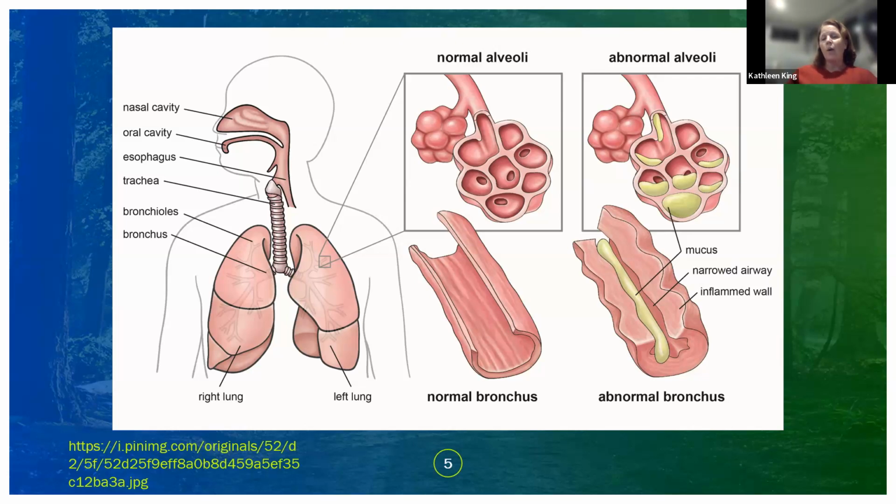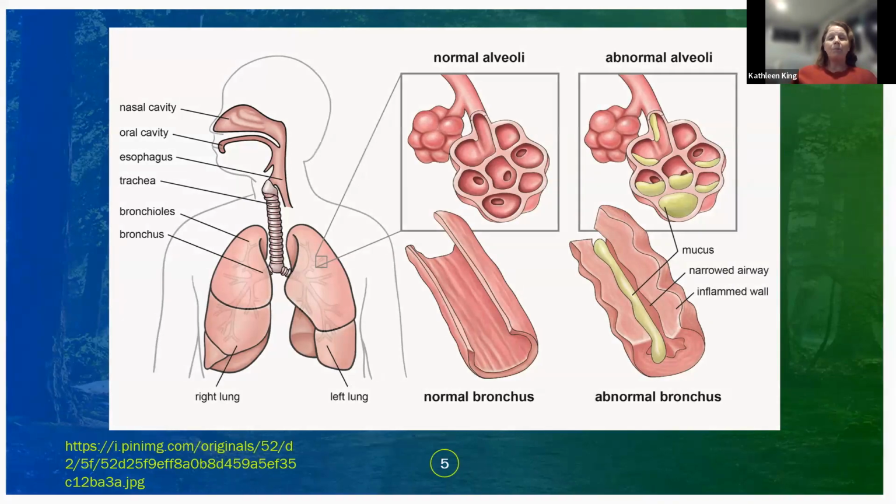Abnormal alveoli, however, can get mucus. And also, sometimes they start to clump together, so they're not as individual as they're supposed to be. That can also become a problem, right? So if you look at the abnormal bronchus, it's inflamed, so it's more narrow, and sometimes there's mucus in there.